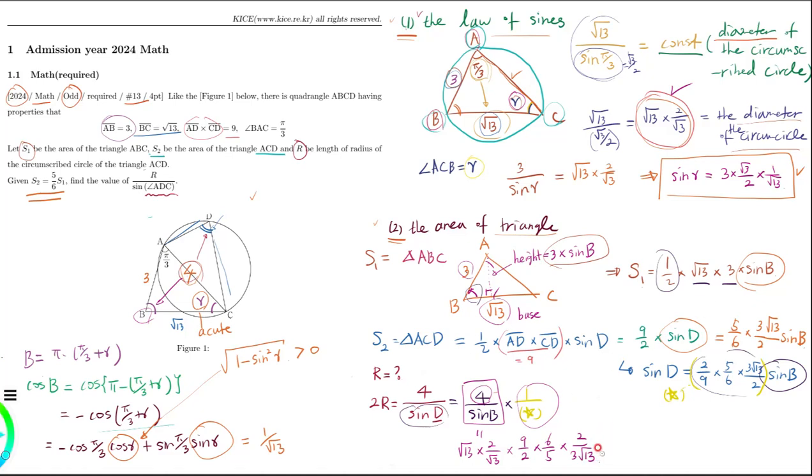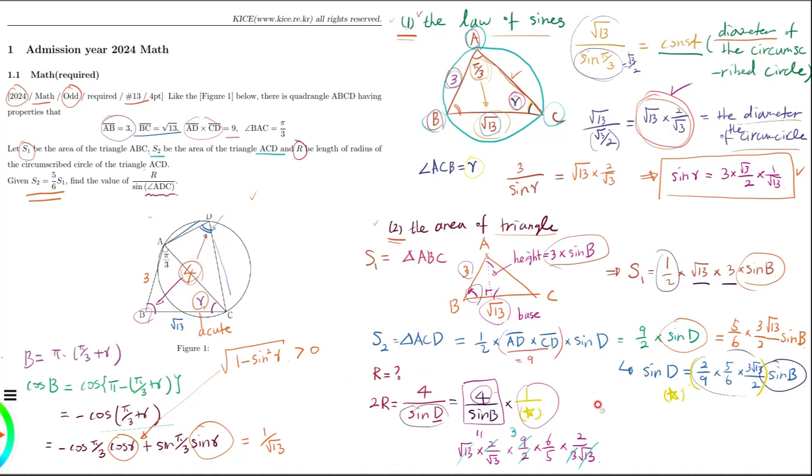So the square root of 13 are canceled. This is also canceled. It's good. And what I have, the 3 can be factored out.